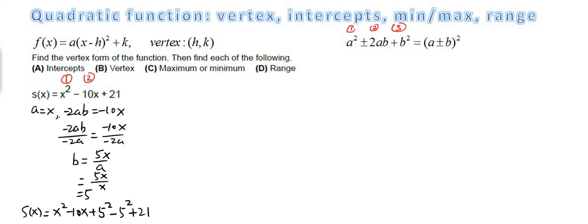Now the first 3 terms we can construct the complete square, because we know a is x, b is 5.